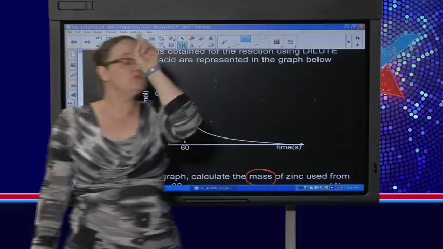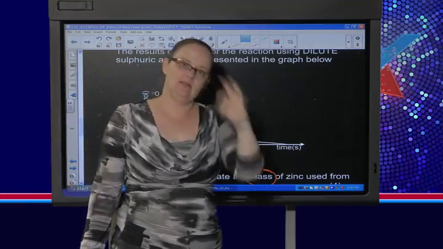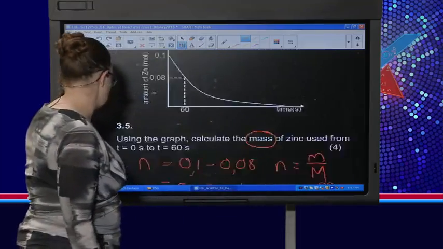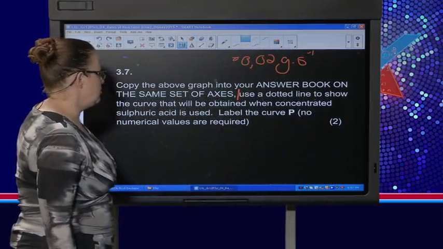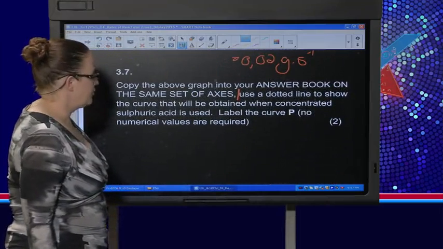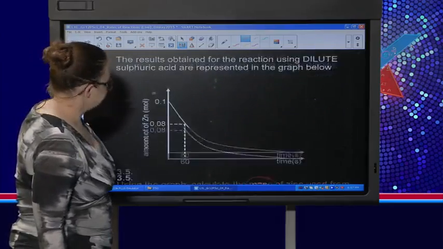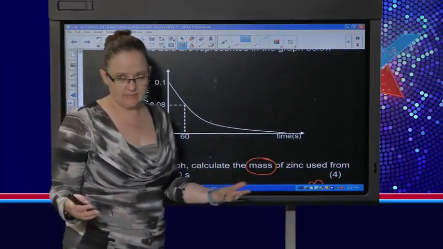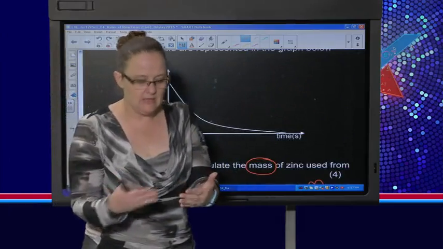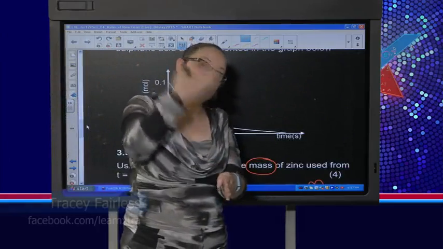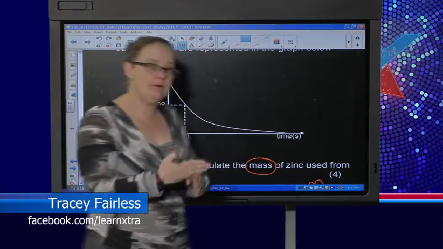Then they say use a dotted line to show the curve obtained when the concentrated acid is used. Label the curve P. Concentrated acid means we are increasing the rate. Increasing the rate means the curve must be steeper.